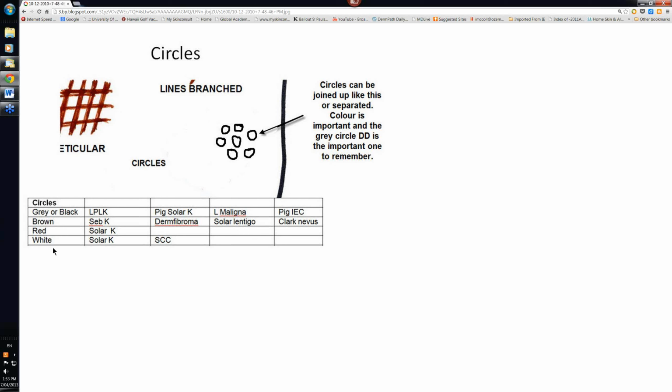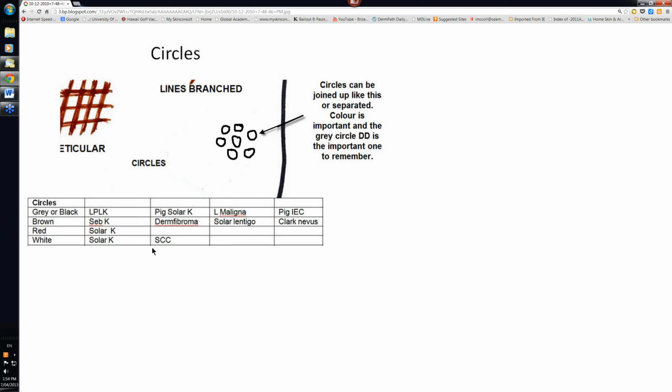White circles, for instance, usually represent keratin, the opening of hair follicles, and you'll see them with solar keratosis, SCC, KA. You'll also see follicular plugging in conditions such as lupus erythematosus. So if you're looking at lupus, you'll see white circles.